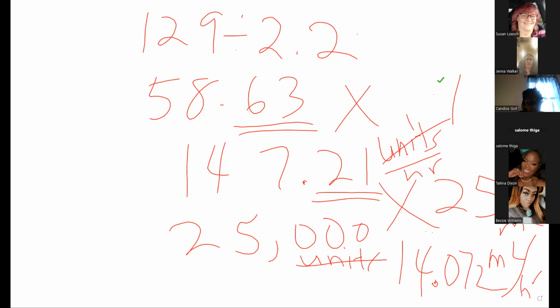To the nearest decimal and the nearest tenth is the same thing. What if I said rounded to the nearest hundredth? 14.07. And what about to the nearest whole number? 14. Okay, good.